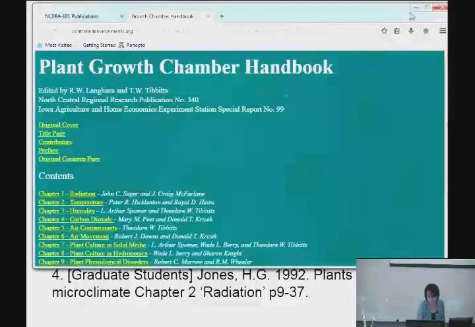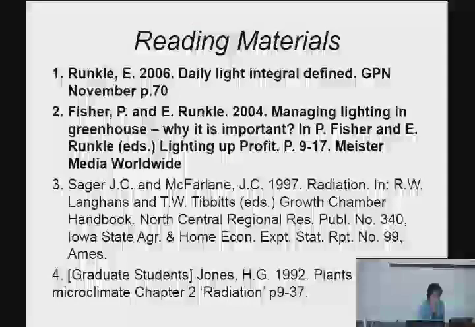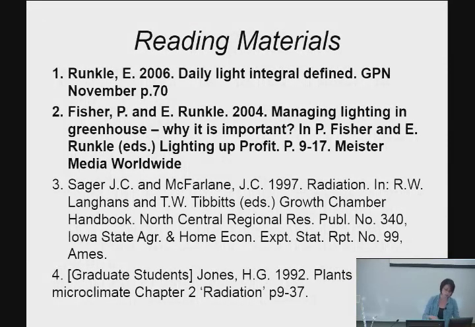That's the third one. The fourth one is the graduate student one, Plants and Microclimate. It has a lot of equations, but it's a good one. The radiation chapter is 20-some pages, but it's good to read. All right, so that's the reading material.